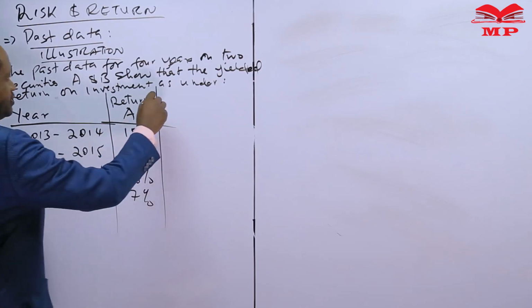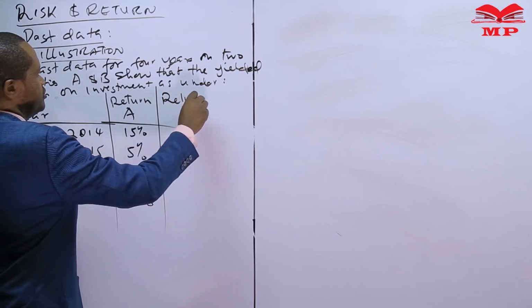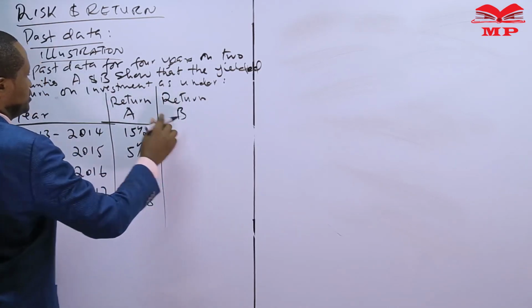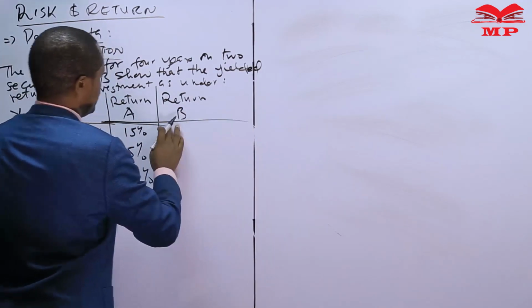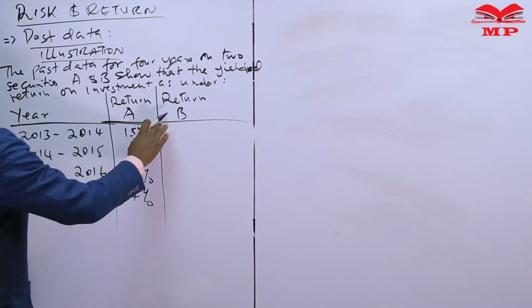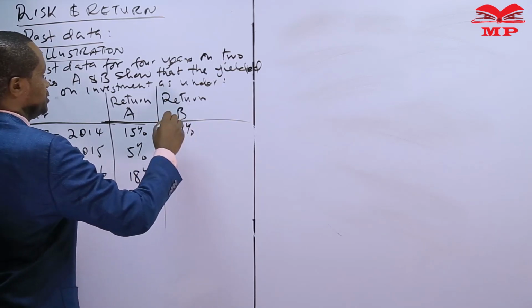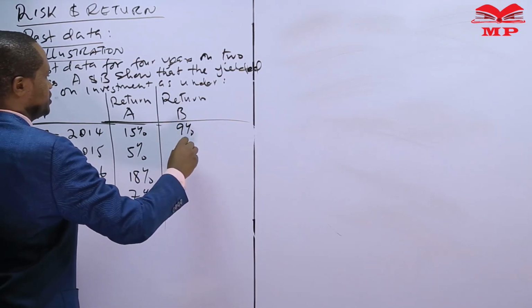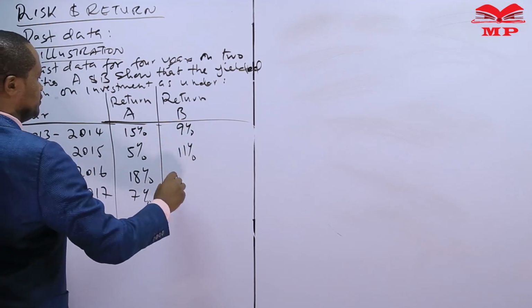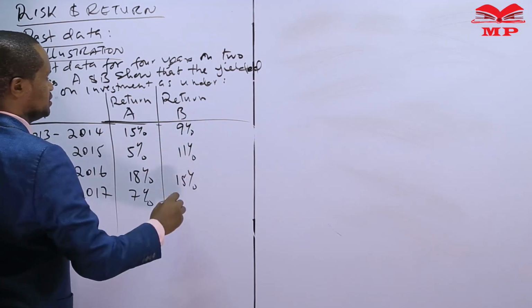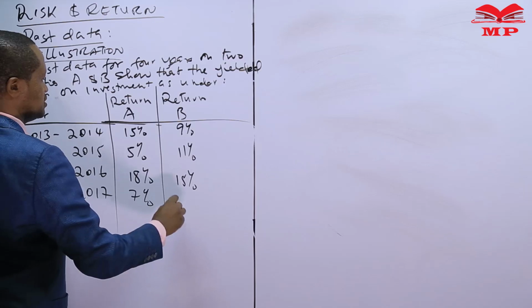The return for security B we can put as first year 9%, second year 11%, third year 15%, fourth year 10%.